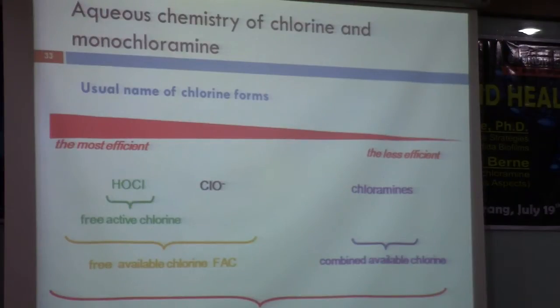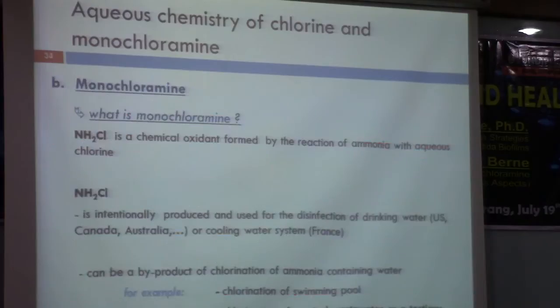So in the water you can have the two forms, free or combined, and the total chlorine. And the most efficient is HOCl, the less efficient are the chloramines, regarding oxidation purposes or disinfection purposes.